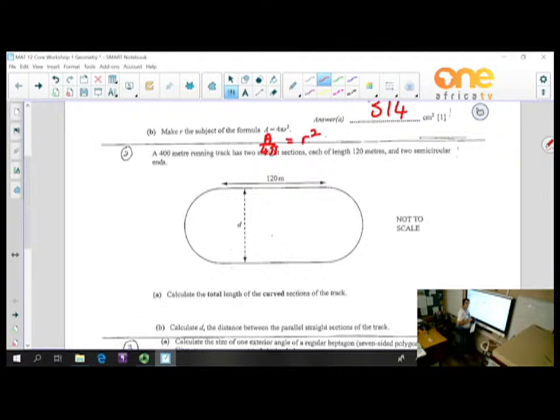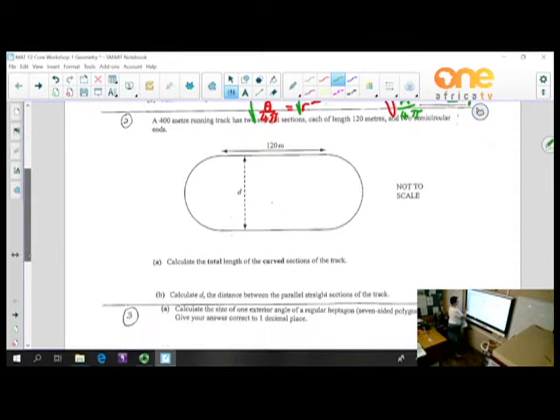And then in a second step, to get rid of the square, I root it, which is the opposite operation. But what I do on the one side, I must do on the other side. So I'm going to square root this one, but I also have to do it here. So it is the square root of A over 4 pi, which is equal to R, changing the formula. You do with the letters what you do with the numbers.